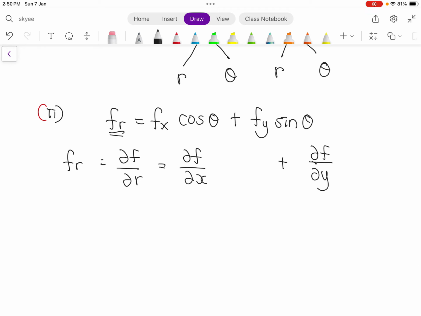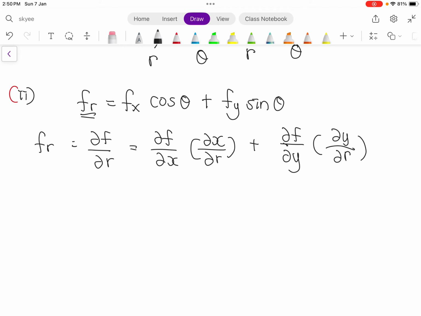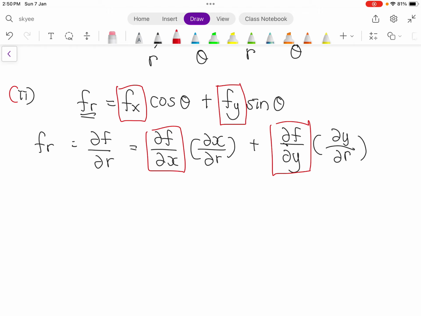If you want to know del f del r, you have to multiply del x del r over here, and here will be del y del r. So f_x is this one, and f_y is this one. You just need to find out the rest.